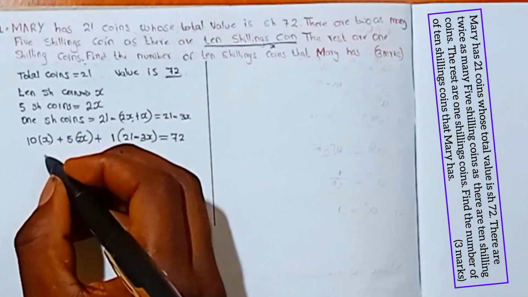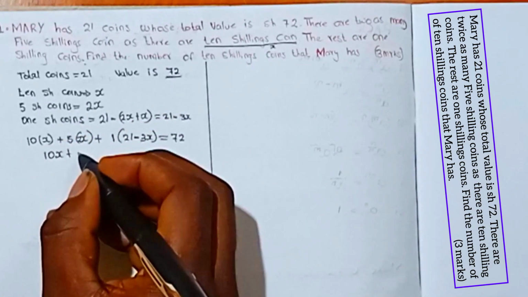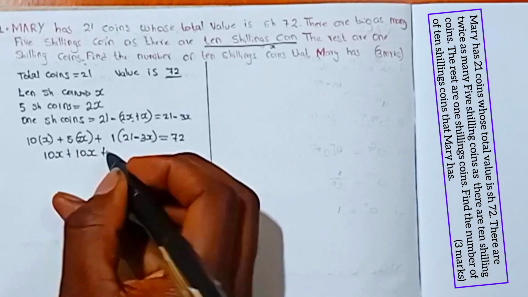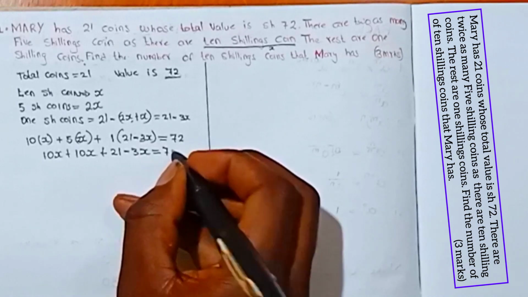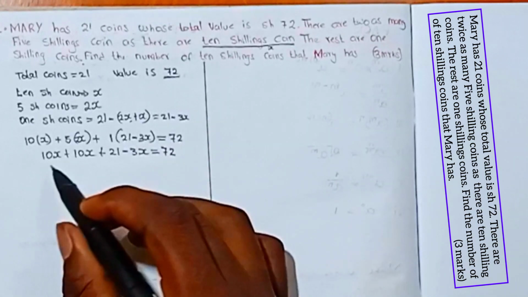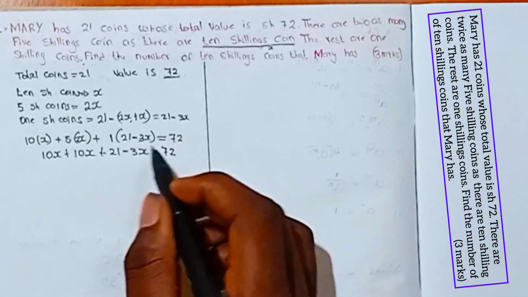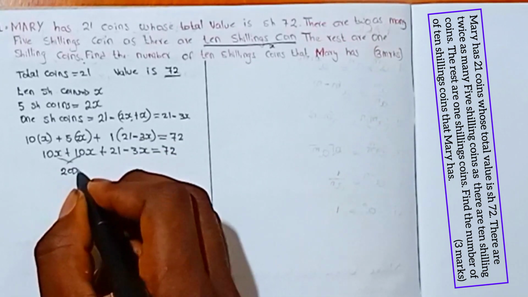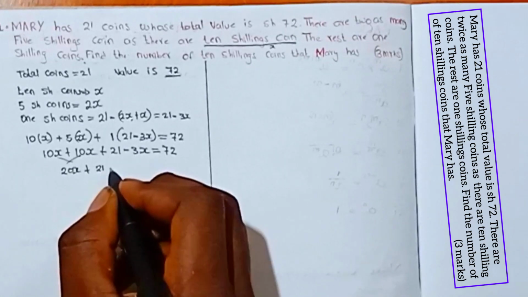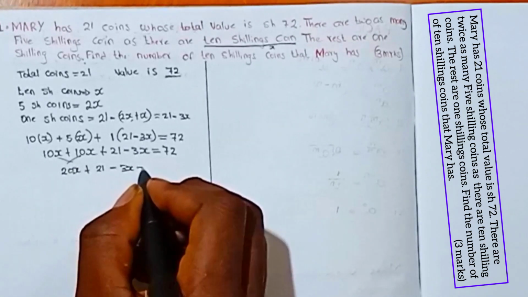So here we're going to have 10x plus 10x plus 21 minus 3x equals 72. This is the equation that is going to give you the total number. So here we have 20x plus 21 minus 3x equals 72.